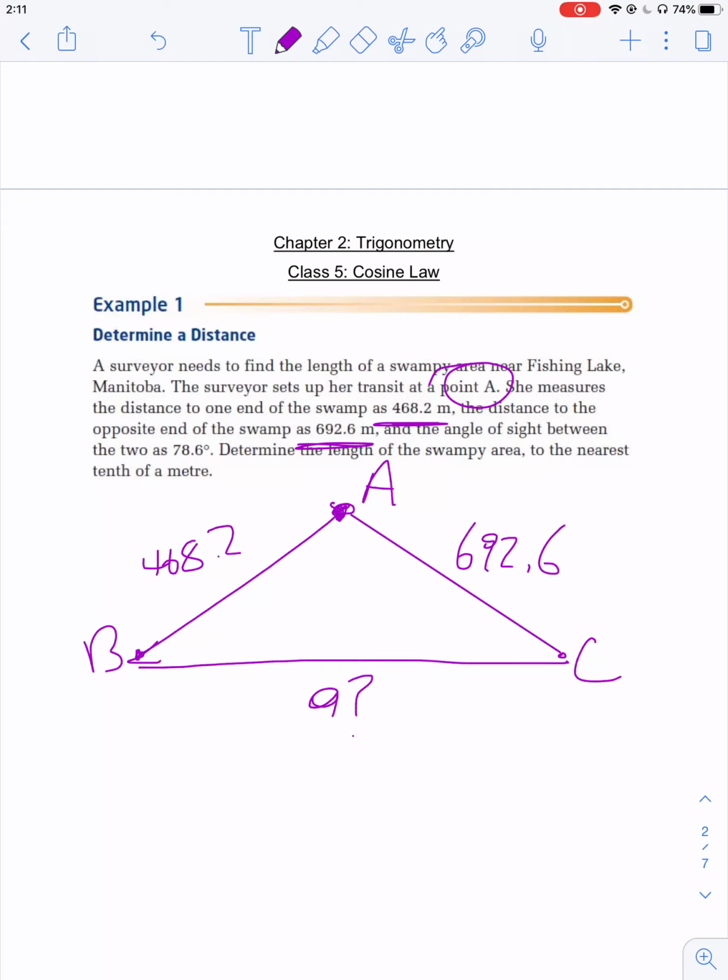If this is angle B, then this has to be small b. And if this is angle C, then this has to be small c. And what you also have is they are giving you the angle, which is 78.6. So angle A is also given to you. So you can read the question and come up with this picture on your own.